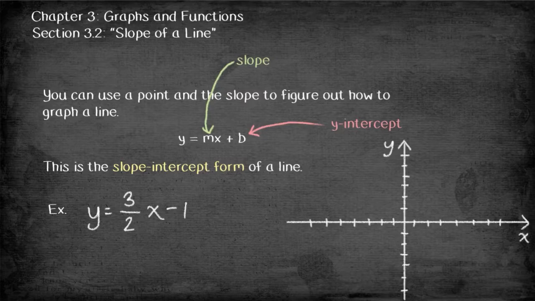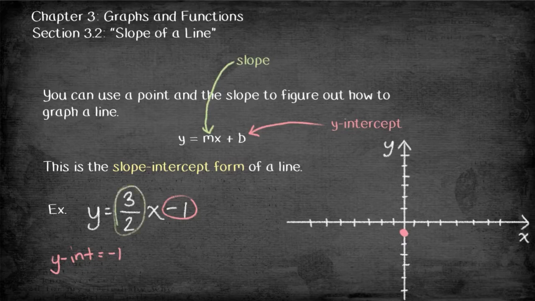So if I just had the equation and I wanted to very quickly draw the line, this minus 1 without the x tells me that the y-intercept is negative 1. And I know exactly how to graph that. I just, on the y-axis from the origin, go down 1 unit.